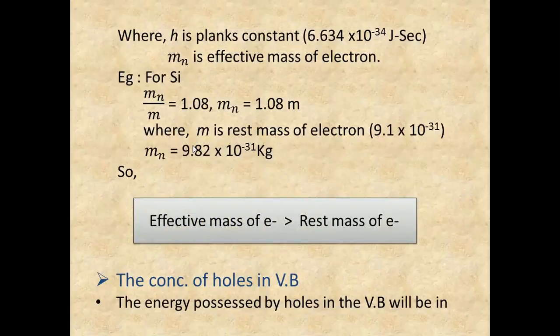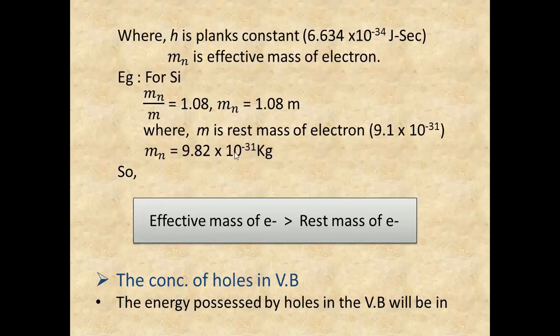Let's see, for example, we consider silicon. For silicon, m_n divided by m is always 1.08. So if you do the cross multiplication, you will get m_n equal to 1.08 m.